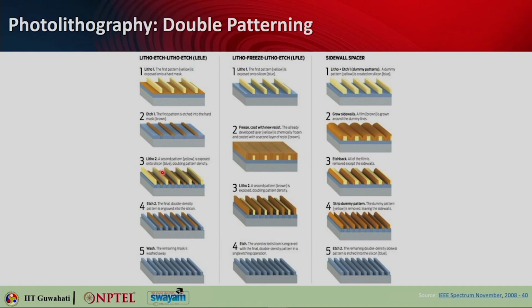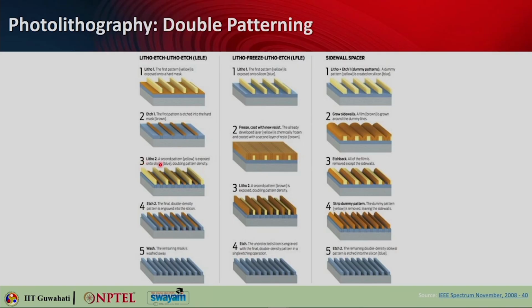Then you bring the second mask. So, you are doing the second lithography. A second pattern, which is again in yellow, is exposed onto the silicon, that is shown in blue color. And that actually doubles the pattern density. So, this is how you are improving the resolution of this technique by doing double patterning. You are doing the lithography 2 times, and that gives you higher density.